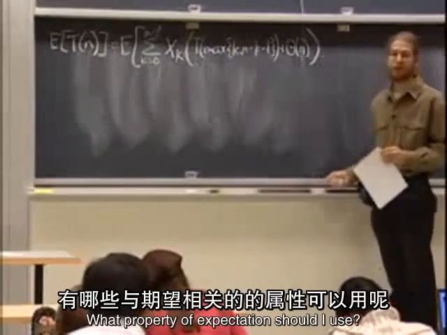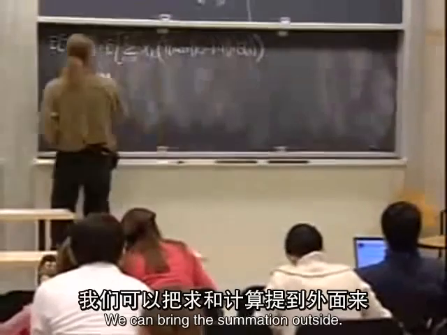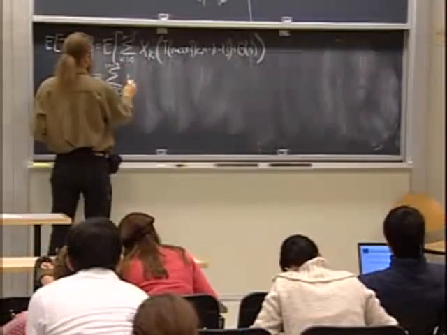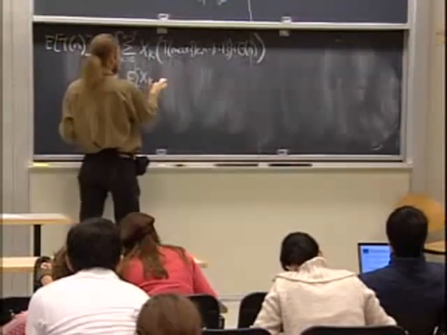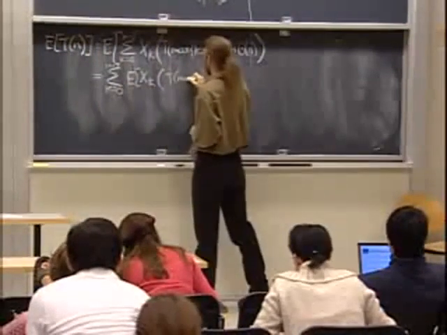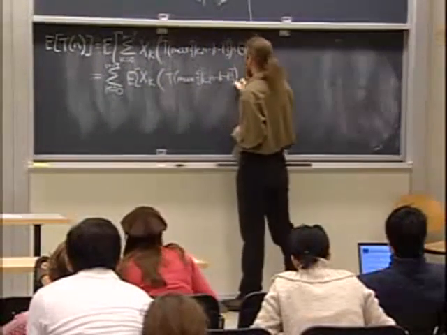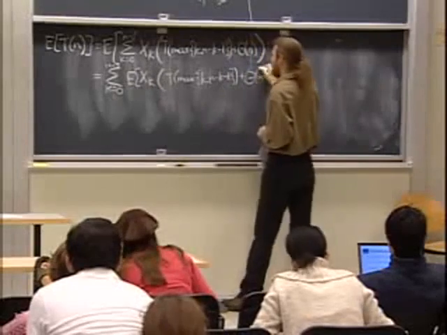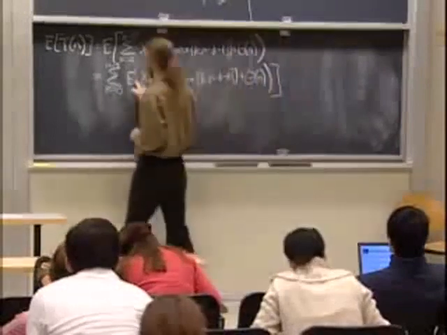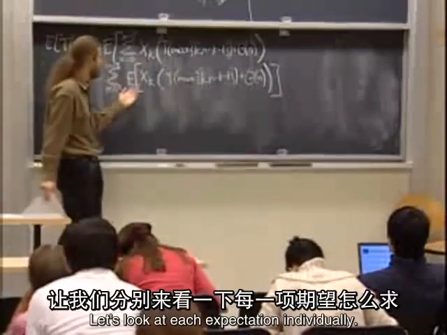What property of expectation should I use? Linearity. Good. So we can bring the summation outside. Okay, so now I have a sum of expectations. So let's look at each expectation individually.